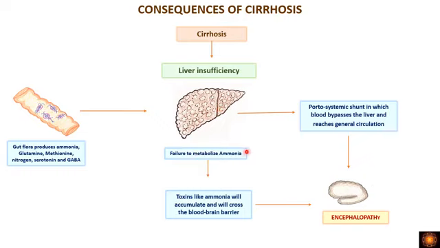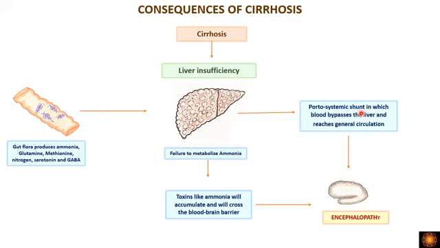So this ammonia directly enters into the brain by crossing the blood-brain barrier. Not only that, when you have a fibrotic liver and the blood is not able to flow through the portal vein into the liver, then what happens? Slowly a portosystemic shunt develops.